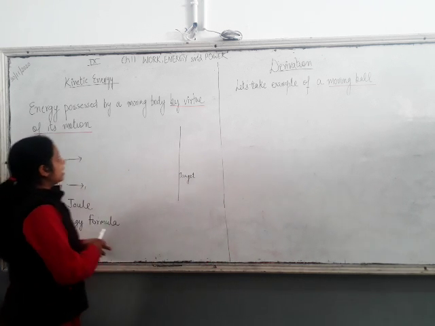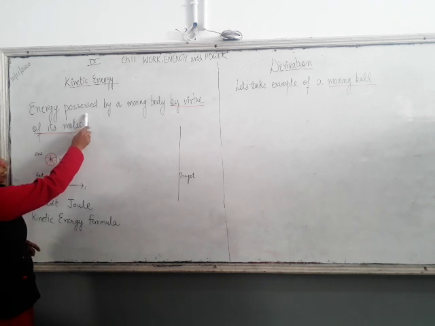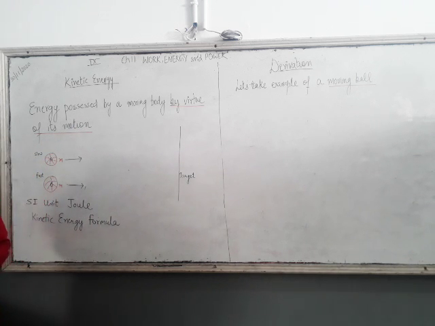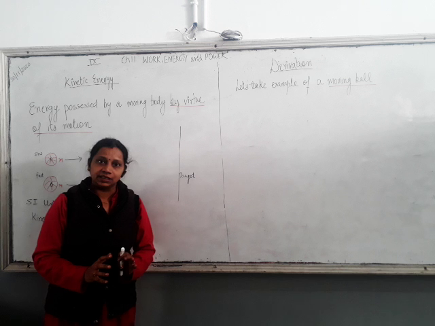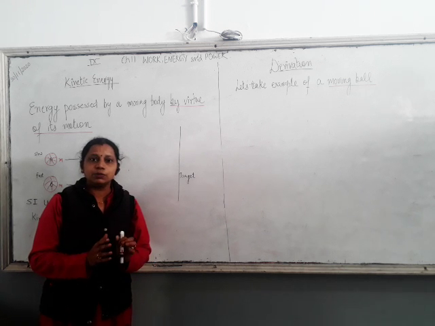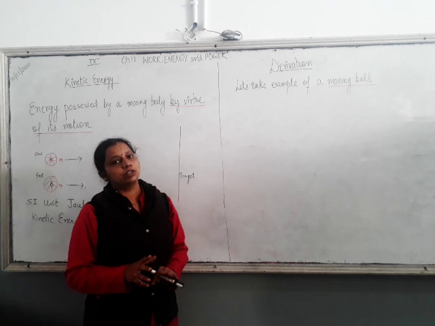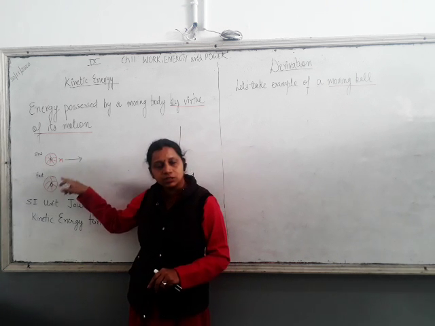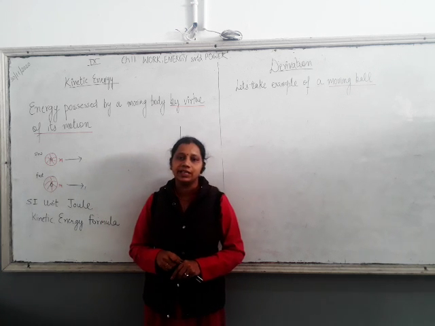The meaning of the statement is that the energy possessed, that is, energy gained by a moving body by virtue of its motion, is your kinetic energy. Any moving object is going to have kinetic energy, and that kinetic energy is proportional to the velocity and mass of that body. The SI unit of this kinetic energy is also the joule, in short form J.